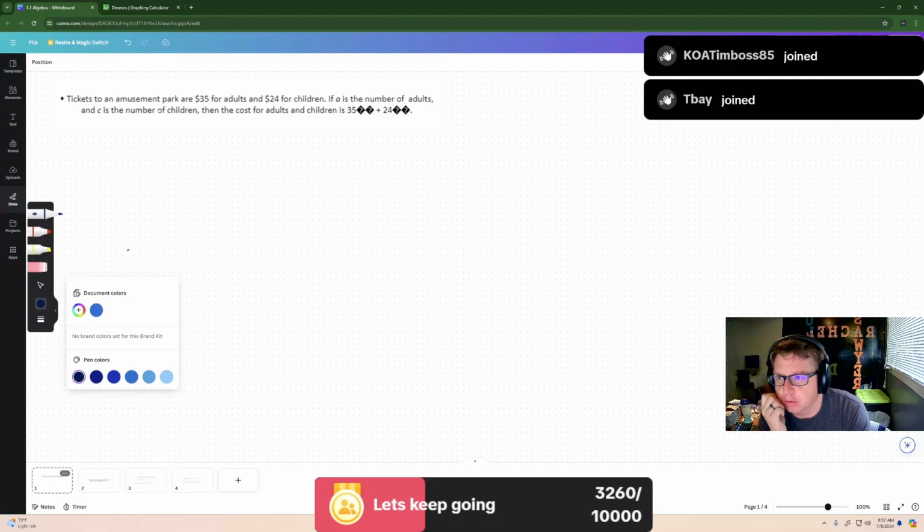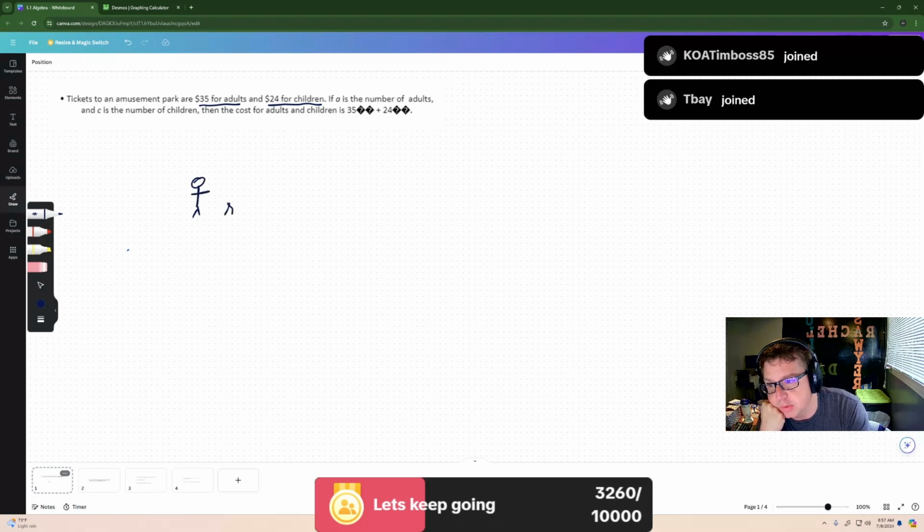Tickets to an amusement park are $35 for adults and $24 for children. Okay? So we're going to have people going into this amusement park as we go throughout the day. Depending on the number of different people going in, there are going to be different prices.